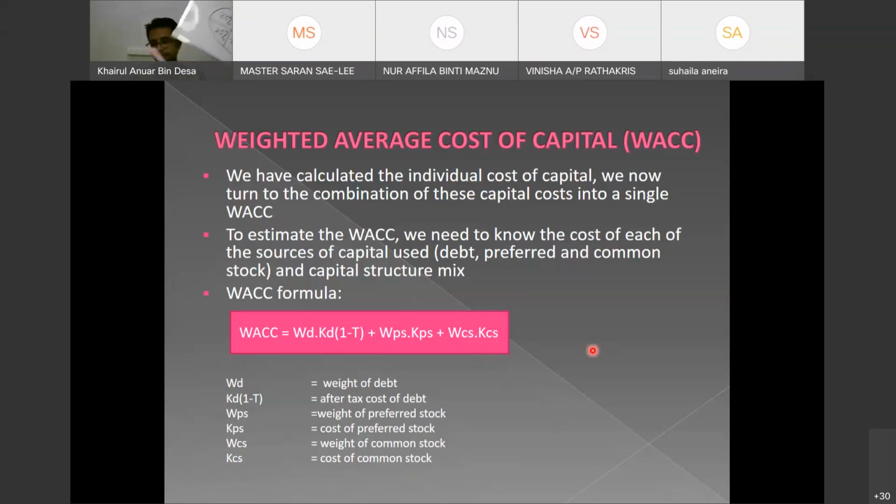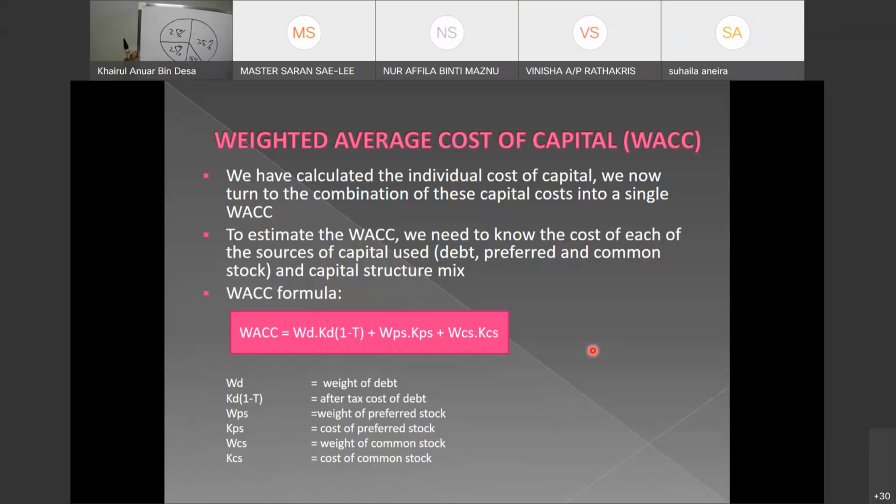But actually in a company, it depends on the company itself. It can be like this: here 25%, here also 25%, here maybe 35%, and this 15%. It can also be like this.